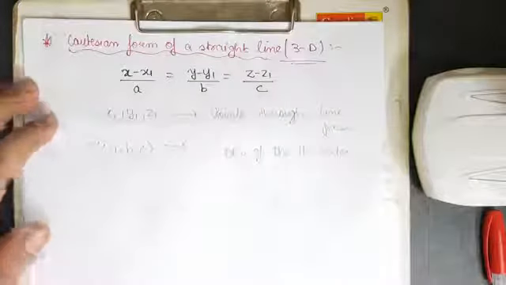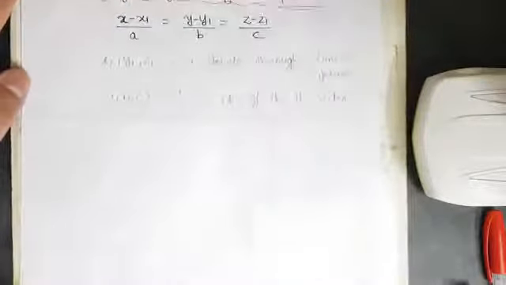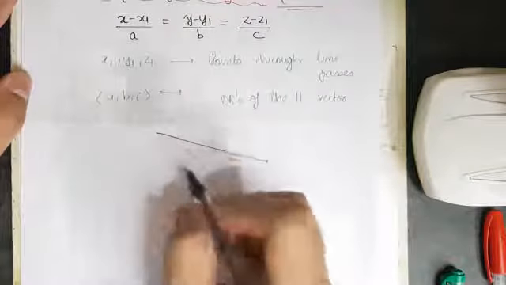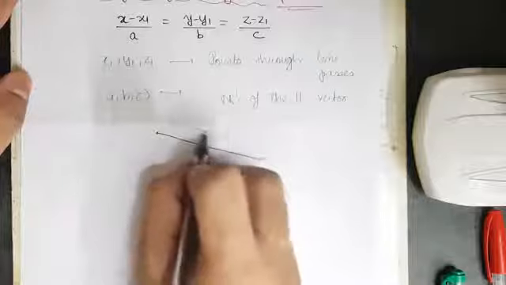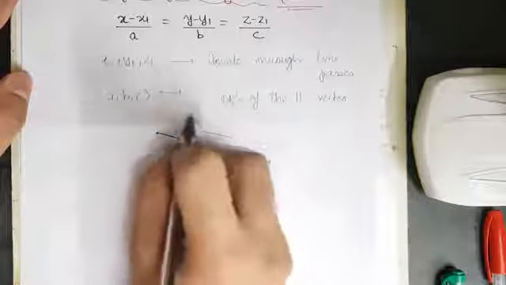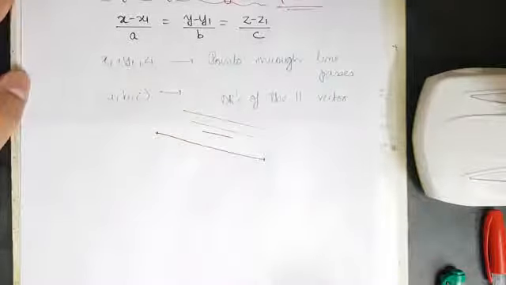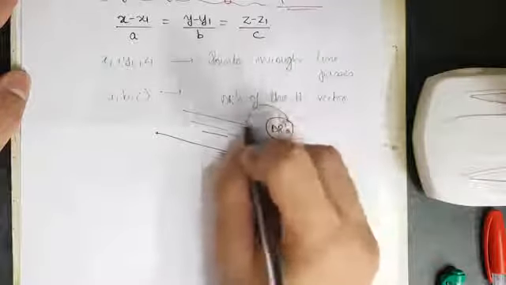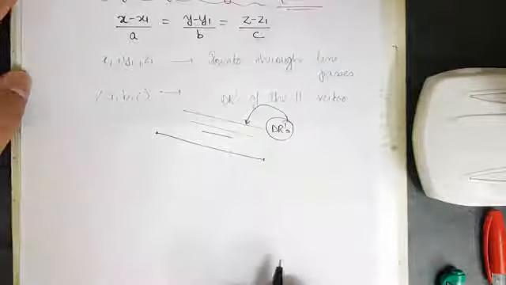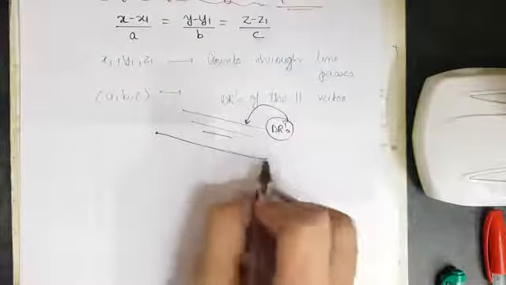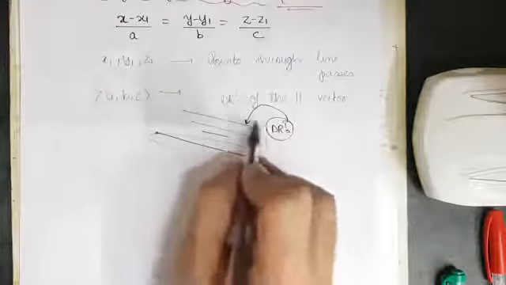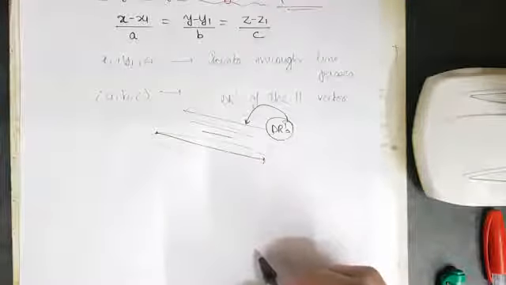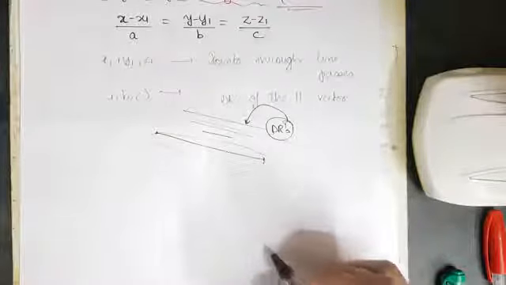So what I mean to say by the DRs of a parallel vector, let us see the meaning of it. If we have any straight line here in 3D, then we have a vector parallel to it. See, the parallel vector can be of any magnitude. Now we take the DR for it. The DR of the parallel vector is taken into consideration. Why is it so? Because the DRs of this line will be equal to the DRs of this parallel line also, because parallel vectors will have the same DR but the magnitude can change.